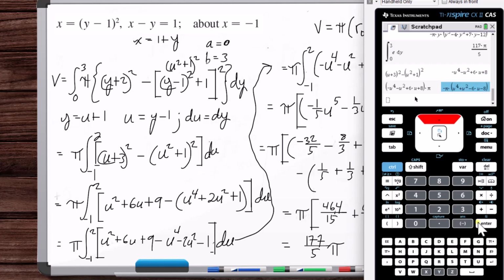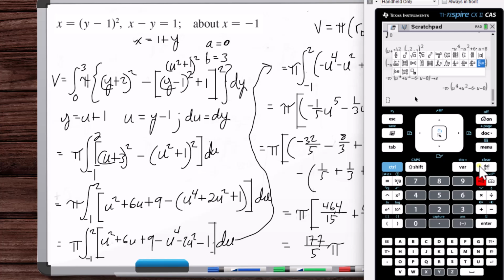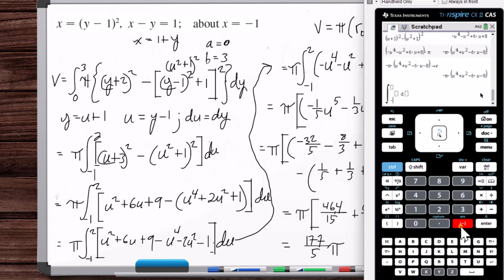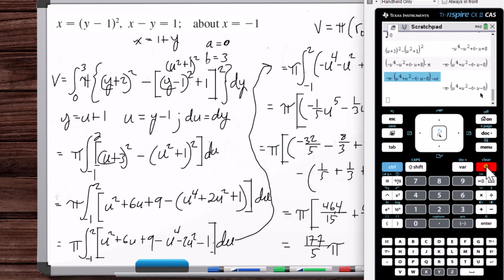Let's store that as the equation and evaluate this from minus 1 to 2 with respect to u. 117. Okay, so the substitution is right. So there's an error in just the arithmetic.